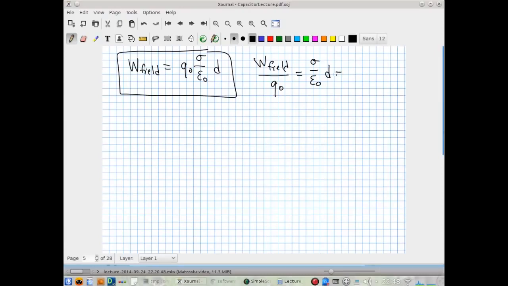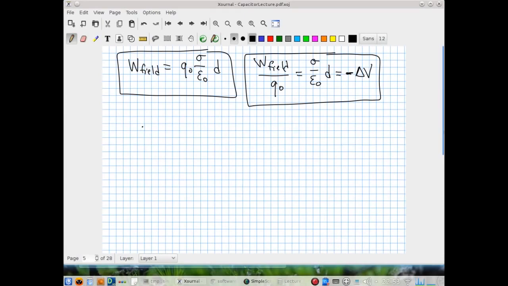And hopefully we recognize this by now. The work per unit charge done in moving the electric charges across the gap is just going to be equal to the negative of the change in electric potential. And here we have a really important relationship.